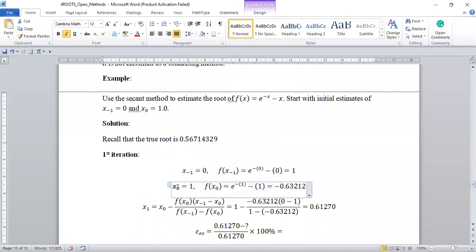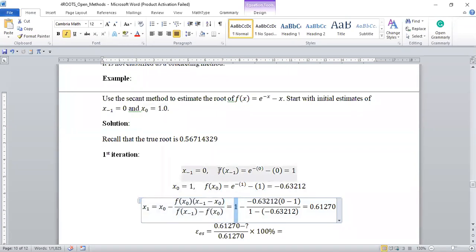Then you evaluate the function at x of 0. We know that x of 0 is 1, so you're going to put 1 here, and 1 here. After you've done that, you're going to estimate the root because you already have all you need. So this is x naught, which is 1.